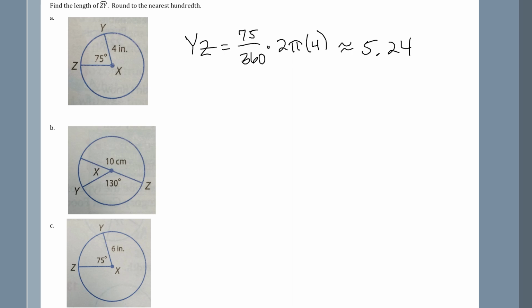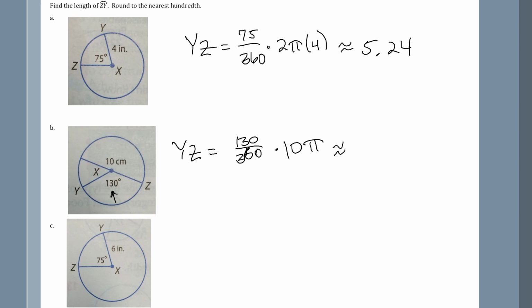Again, YZ, that is 130 there. Same process. YZ is equal to 130 over 360 times 2 pi r. Well, in this case, I'm given a diameter of 10, so I could just say 10 pi, because pi times the diameter is the circumference.